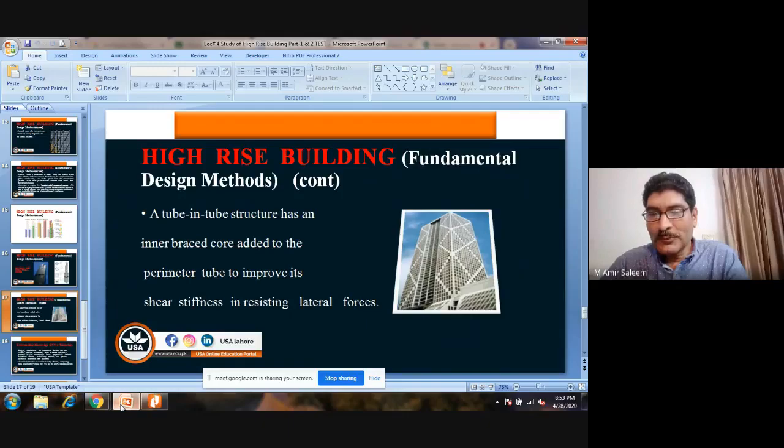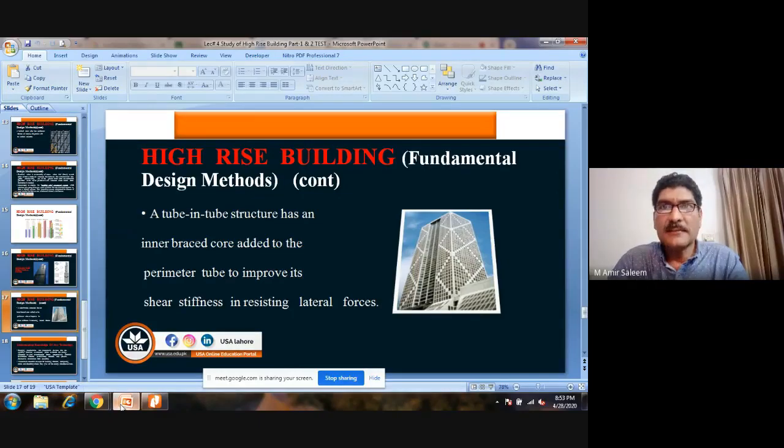The tube in tube structure is also governed by geometry. As an architect, I always request all my students to understand mathematics, and the subject is geometry. They interlink core to core, tube to tube, and follow the basic functions required for the building. This is very important.